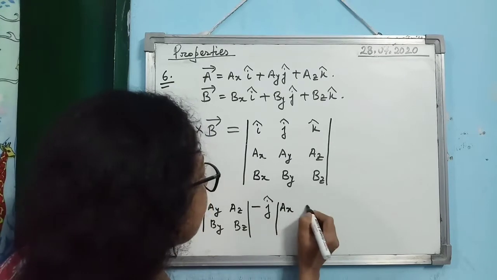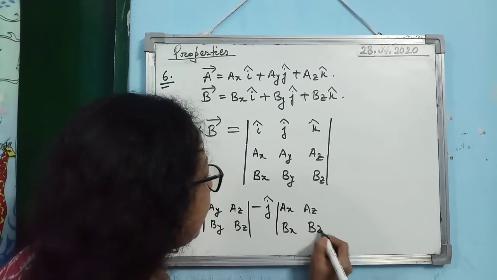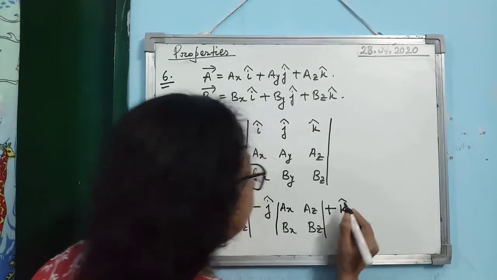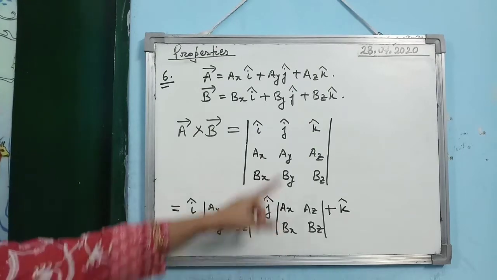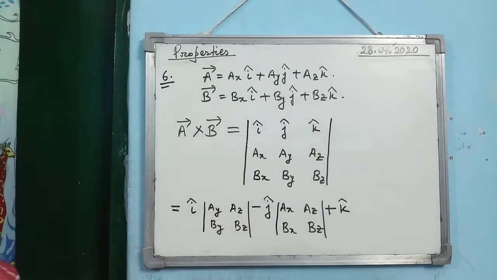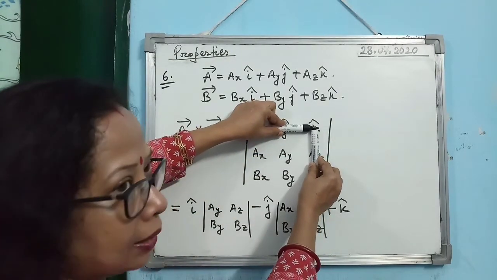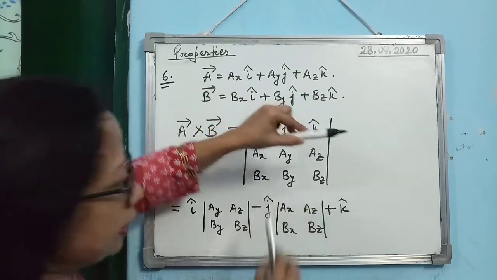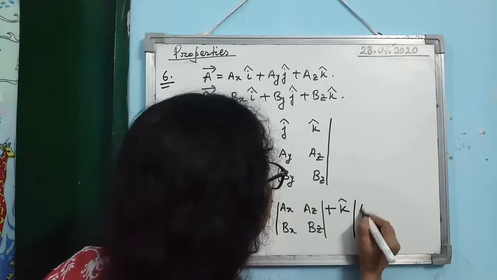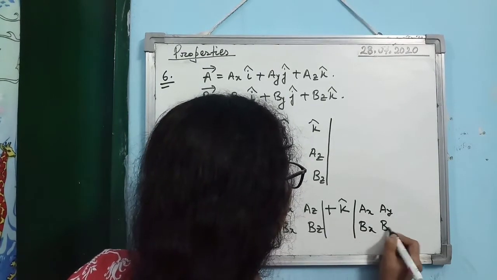AX, AZ, and then BX, BZ. Is that clear? Then plus k. k is in the first row and third column, so you omit the first row and third column and write the leftover. What is left here is AX, AY, BX, BY.